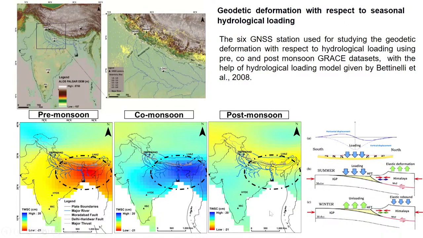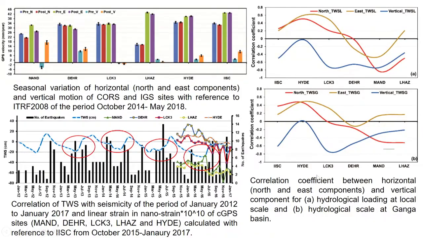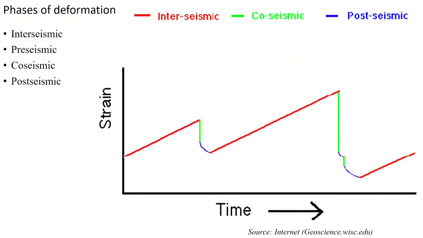Due to this, the plate movement is getting perturbed, and due to this perturbation of the plate motion, modulation is taking place in the elastic energy and slip moment. So we have attempted some study, and this is the earthquake cycle.